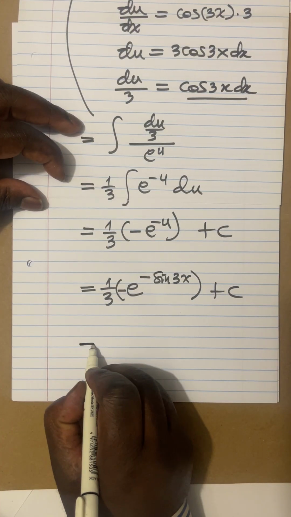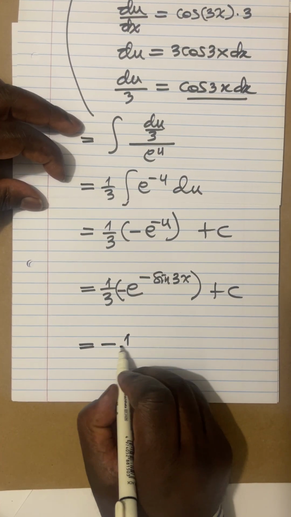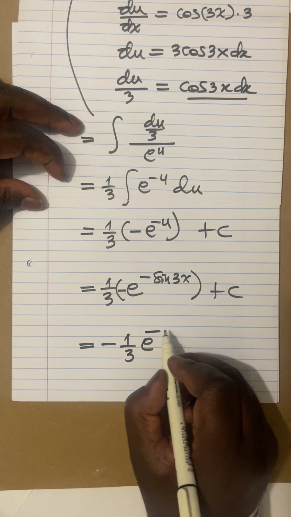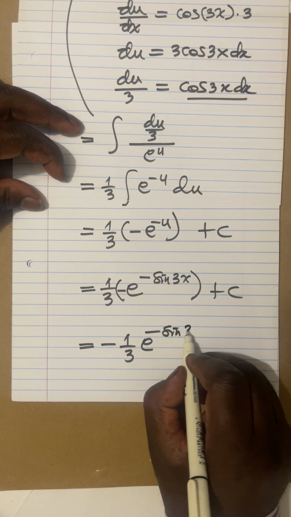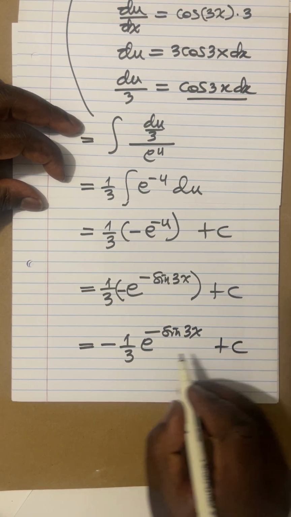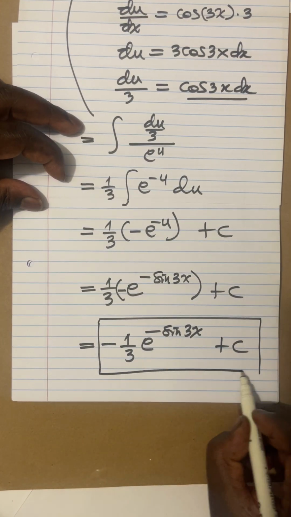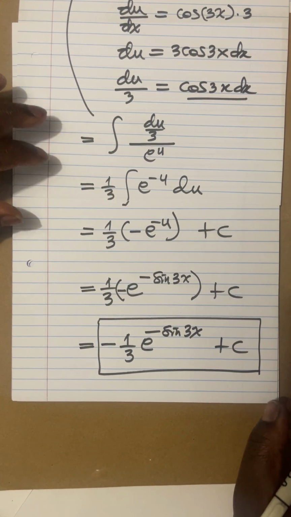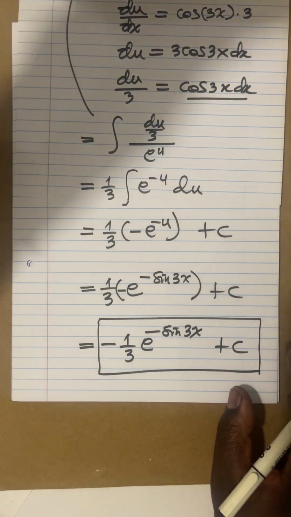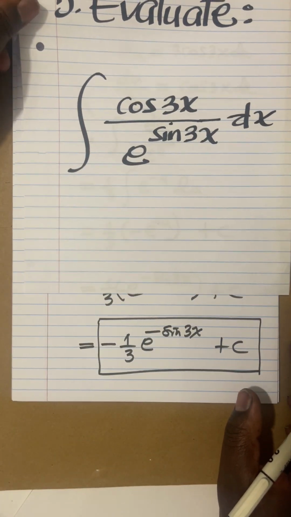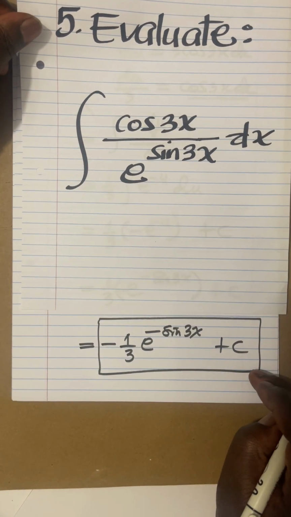So rewriting this, this is minus 1 over 3 e to the power minus sine of 3x, and then plus c as our final solution. This is the final solution to integral number 5, which is basically this. Our solution is that one.